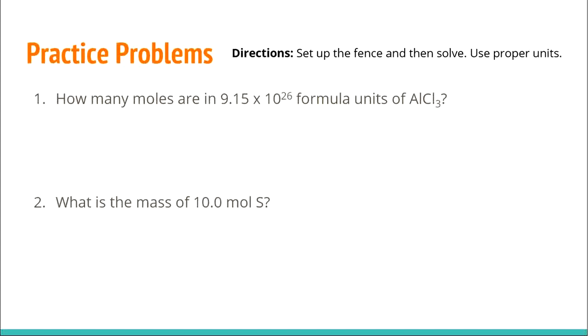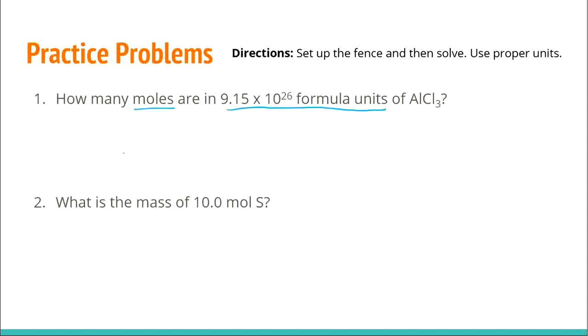So problem number 1. How many moles are in 9.15 times 10 to the 26 formula units of aluminum chloride? Now for each of these problems, I want you to think about what you are given and what the problem is asking you to find. So in this first problem, you are given formula units and you are asked to find the number of moles.